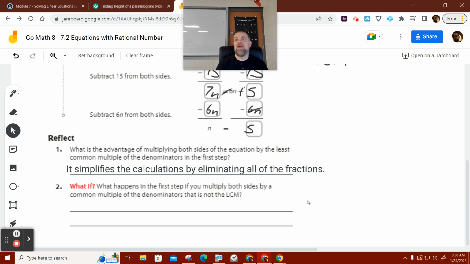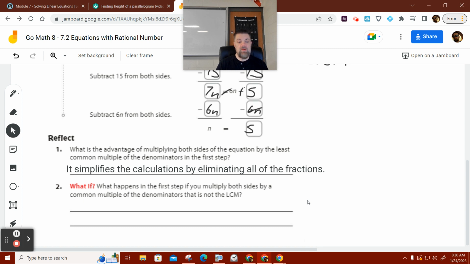If you notice, when I multiply by 10, all the fractions kind of disappeared. Because whether it was a 10 in the denominator or a 2 in the denominator or a 5 in the denominator, because I multiplied by 10 and 10 is divisible by all three numbers, the math kind of worked out to where you were left with a whole number or an integer. Those numbers might be negative at some point.